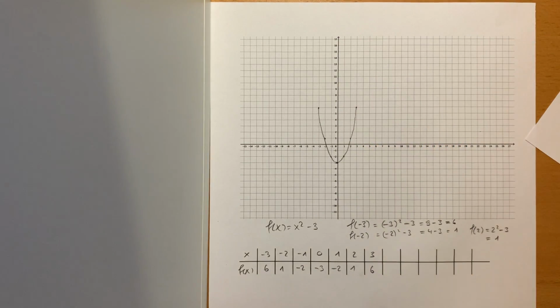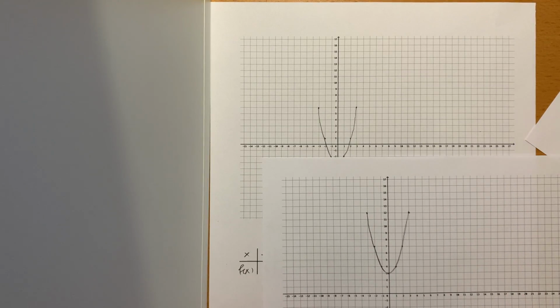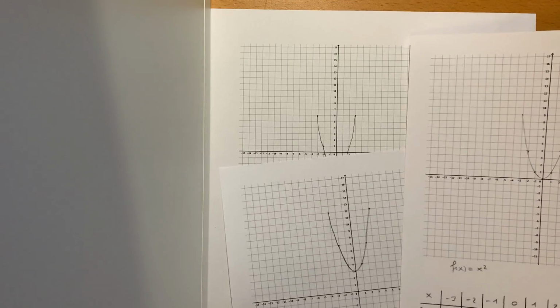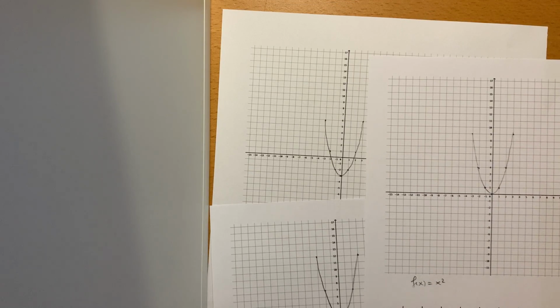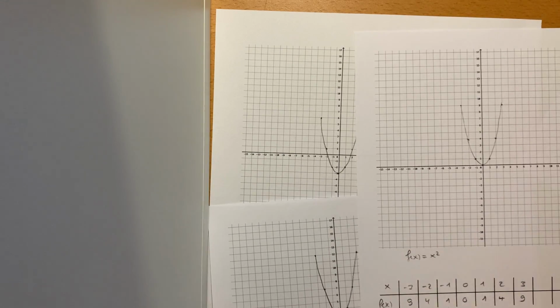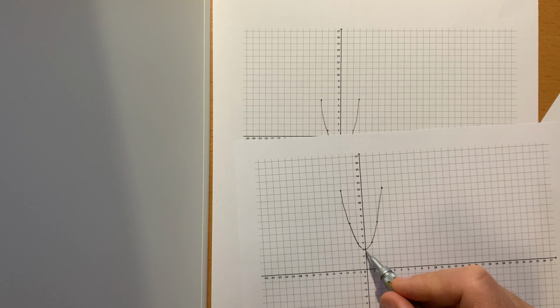So we have 3 times the same function here. Once it has its vertex at 0 for x squared. Here it has its vertex at 0, 3.